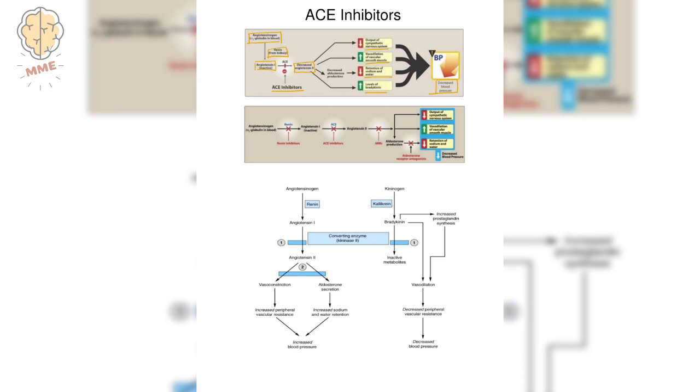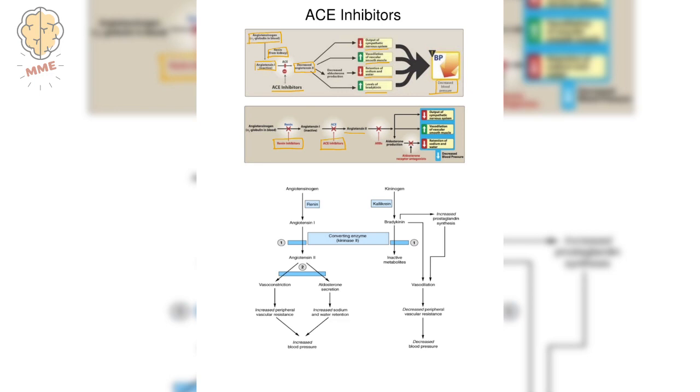Now, among other things, we can see when we have renin inhibitors like aliskiren, angiotensinogen, which is in our blood, will not get converted to angiotensin 1. And again, when we have ACE inhibitors, which act on angiotensin converting enzyme, we will see angiotensin 1 will not convert to angiotensin 2.